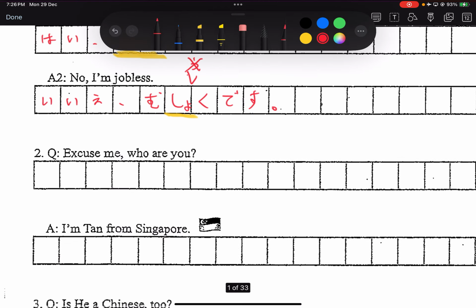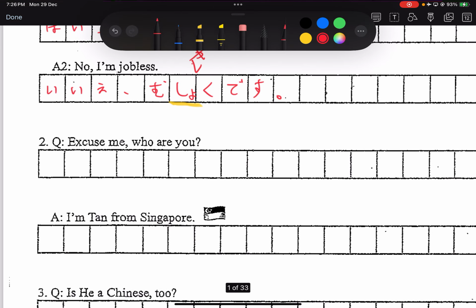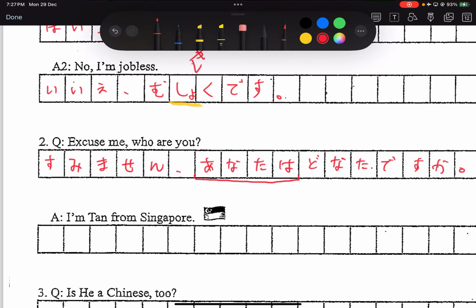Okay, question 2. Excuse me, who are you? すみません。あなたはどなたですか? Very good. In this case, we don't need to say あなた, because we already say どなた.